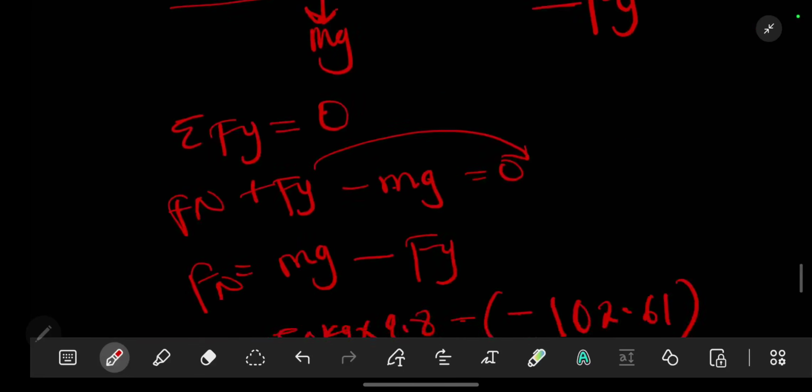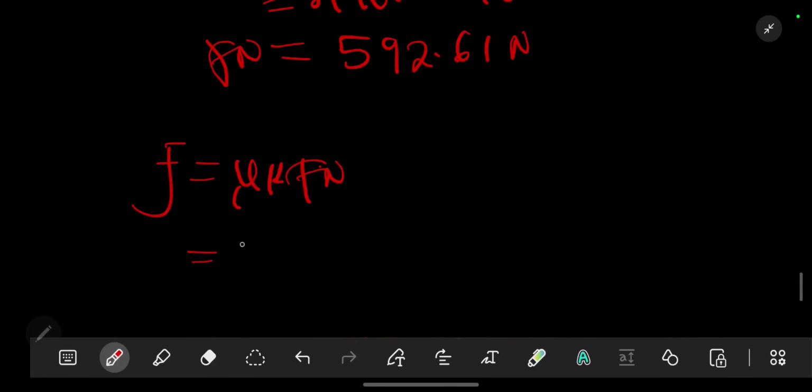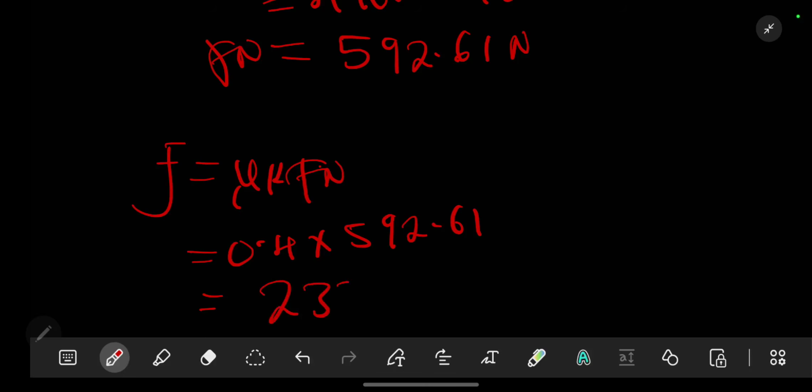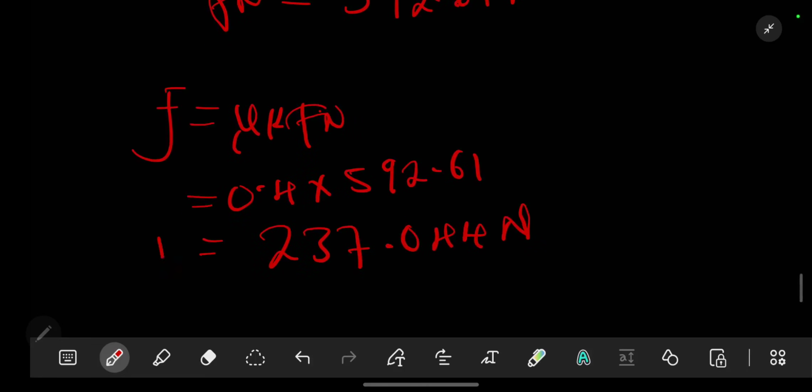So we put our 0.4 times the normal force, which is our 592.61. If we multiply by our 0.4, this gives us 237.044 newtons. So this is the frictional force.